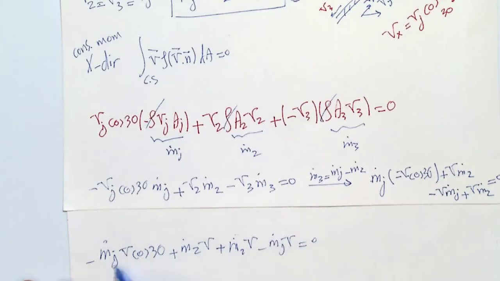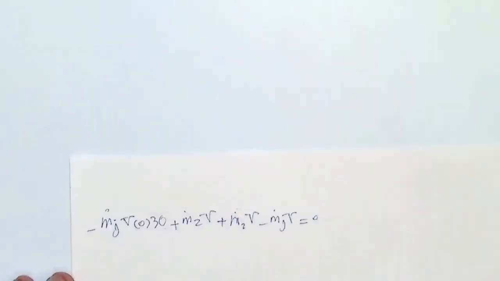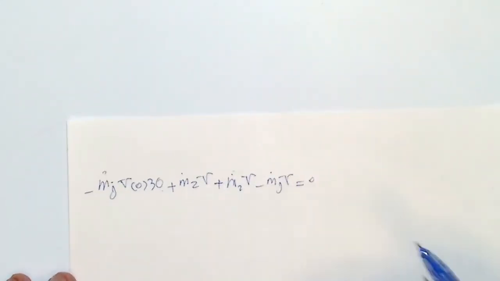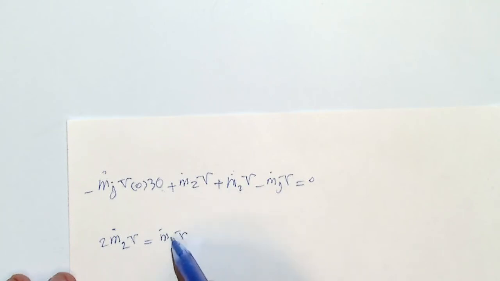Okay, so bring the negative terms to the other side, then you will have 2 m dot 2 V equal to m dot j V cosine of 30 plus m dot j V, right?